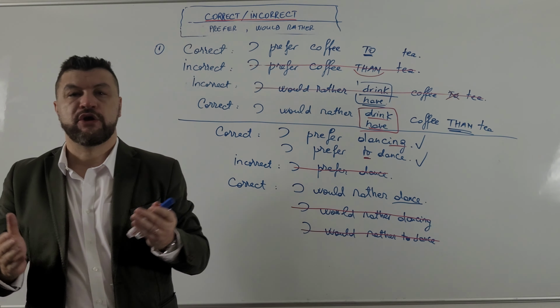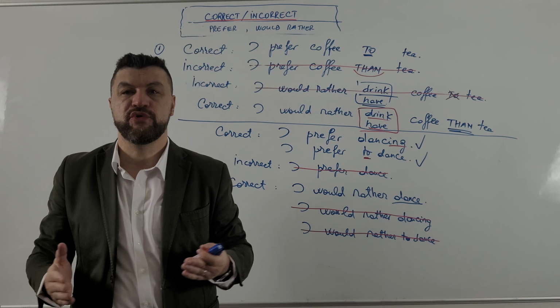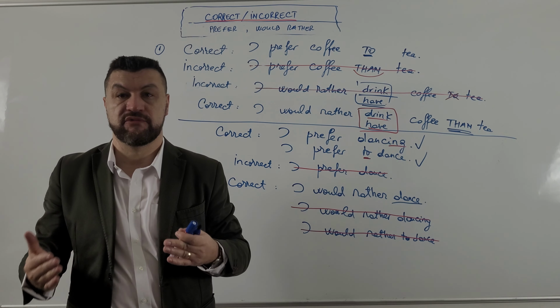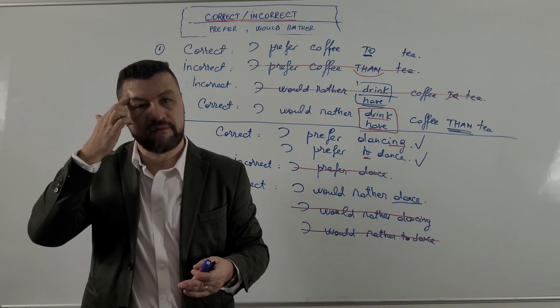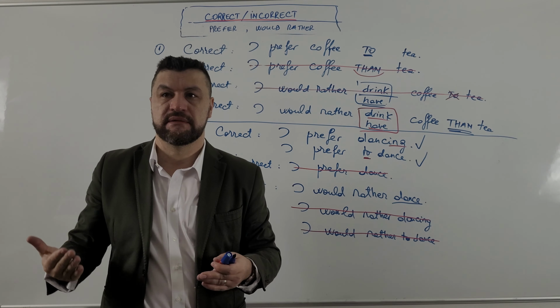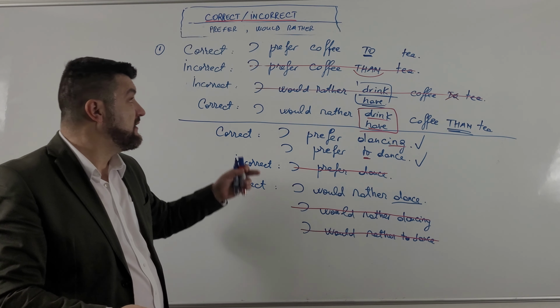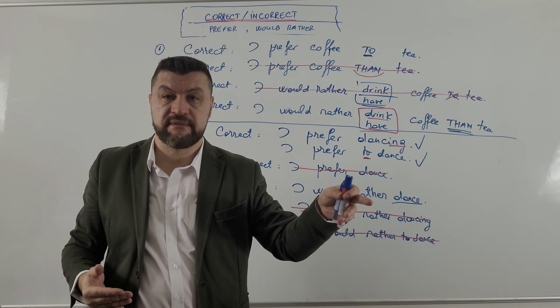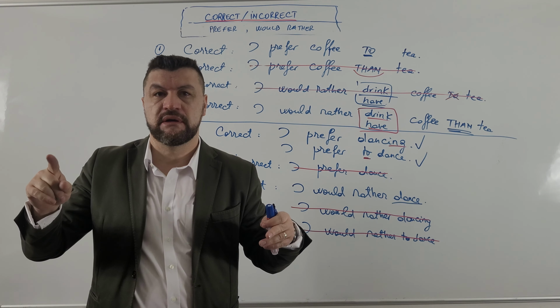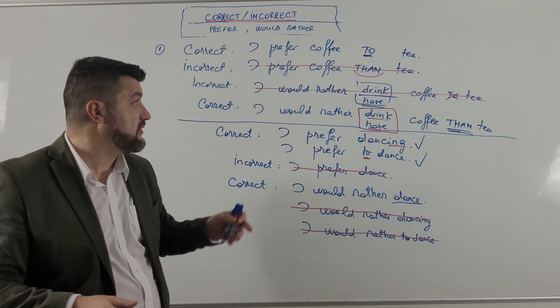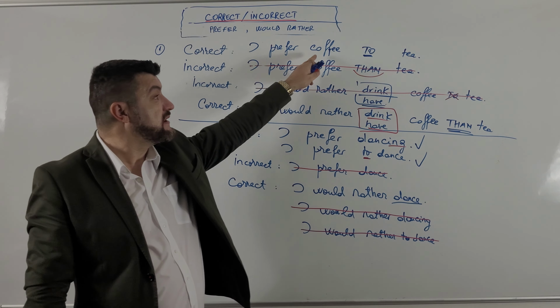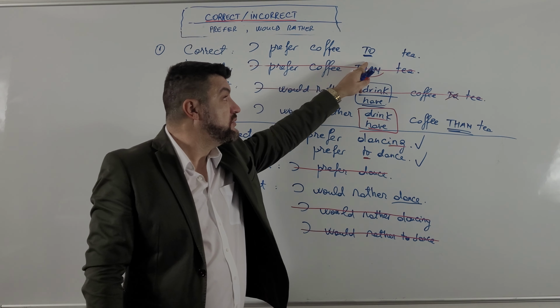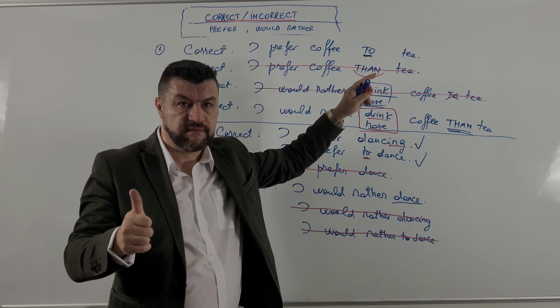Okay? In conclusion, when we use prefer and would rather, we must be careful about this kind of mistake. First is when I express preference for somebody or for something over another thing or another person. I prefer coffee to tea. This is the correct one.